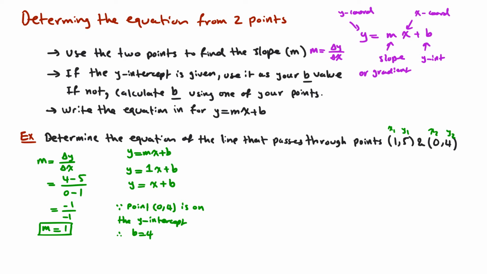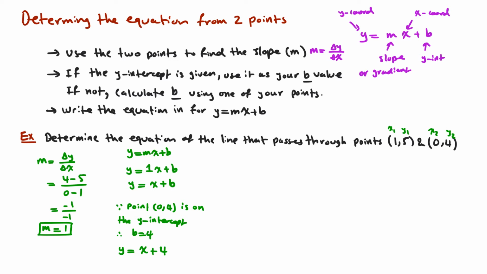So this can easily be solved because we already can recognize that this point is our y-intercept, or the 4 here is our y-intercept. So since we have b, then we can simply say y is equal to x plus 4. And in this case, our slope value was 1 from here, so 1x plus 4. And this equation now has our y-coordinate, x-coordinate, our slope of 1, and our b value of 4.